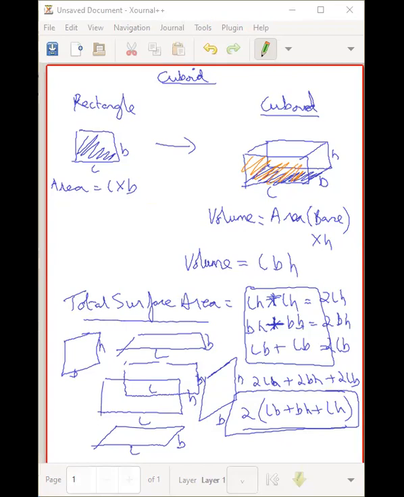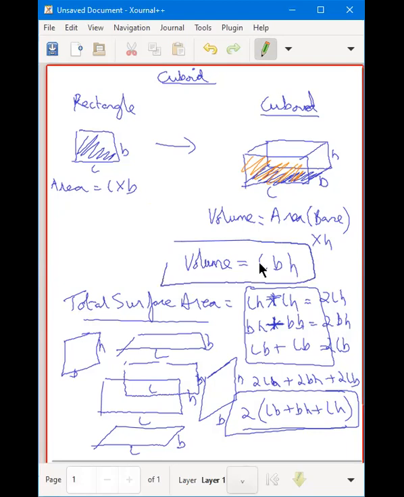If anybody has a doubt, let me know. Quickly copy this. So we have two formulas for a cuboid.